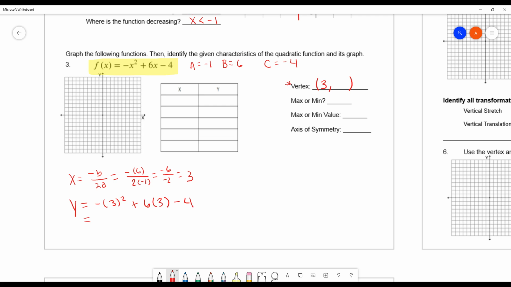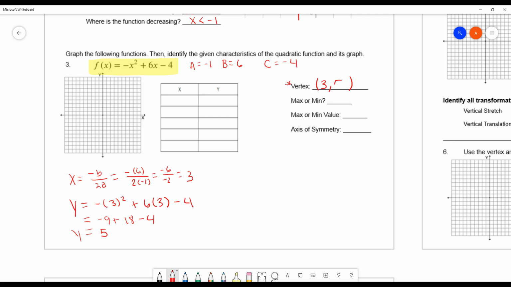And I need to simplify this. I can do this in my head, but you also are just welcome to type this into your calculator to get the output. It's usually a little bit faster. This is going to give me negative 9 plus 18 minus 4, which is going to give me 9 minus 4, which is 5. So y is equal to 5.